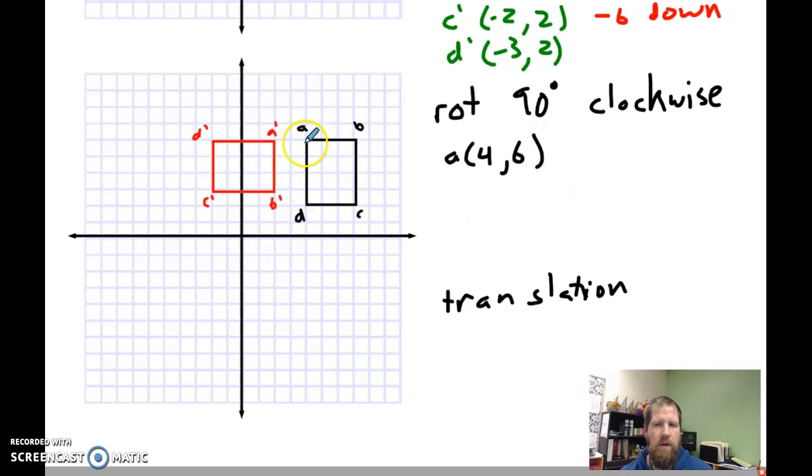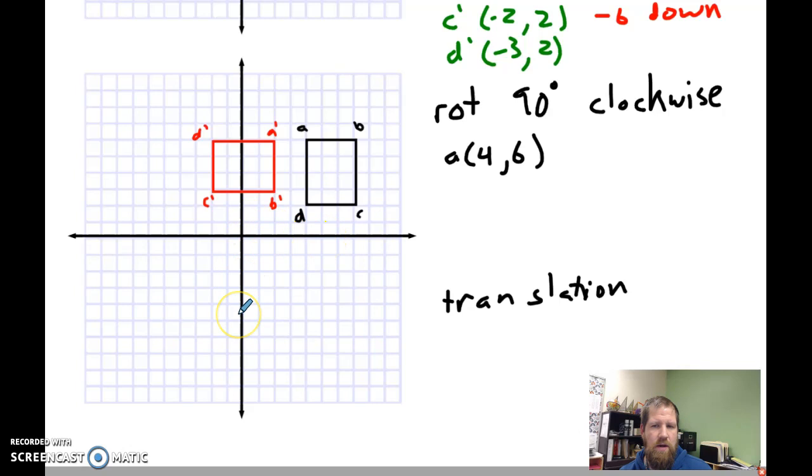Okay? Because I'm rotating clockwise, and if it's something that you forget, whether you're changing the sign on your Y value or changing the sign on your X value and then switching, just figure out which quadrant it's going to be in to figure out which value should be negative. Okay? If I'm here, my X value is going to still be positive.